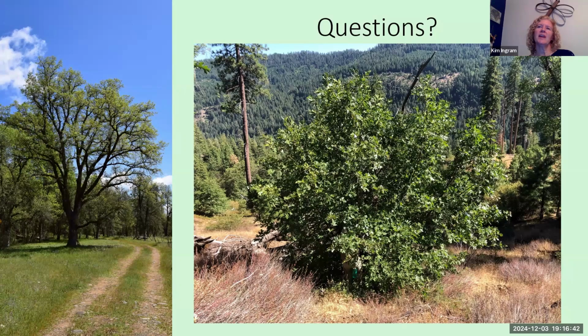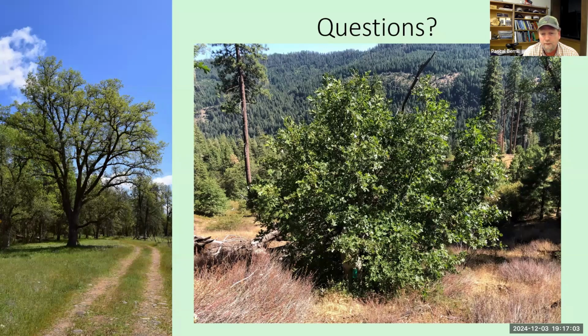And do you think that any of this, I mean, you're focused on the black oak, but do you think any of this could be applied to the Oregon white oak as well? I mean, yes, I think that we need to study this. It would be the next step. The next step would be to do another study in different wildfires, looking at multiple hardwoods that resprout, and so not just the oaks.